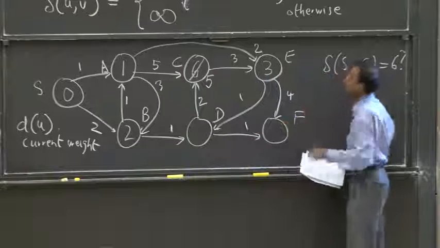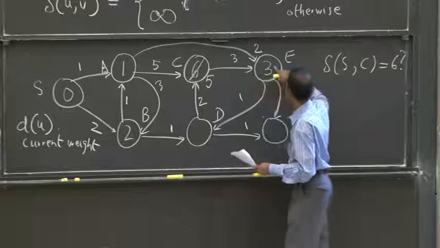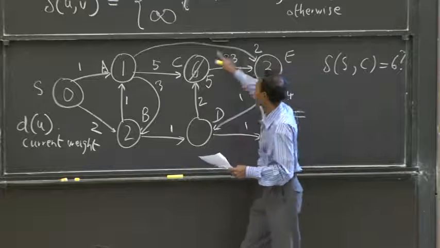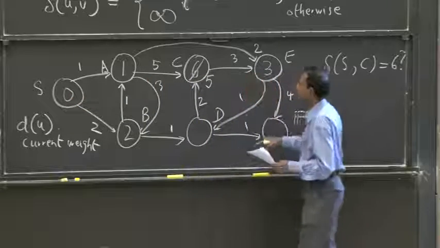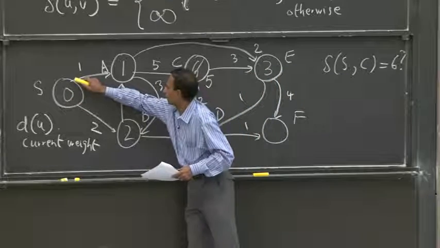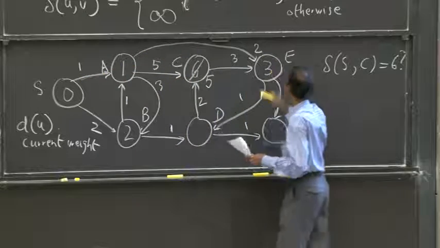In this instance, when you're finally done, pi of E is going to point to A, and pi of A is going to point to S, because that's the best path, like so.